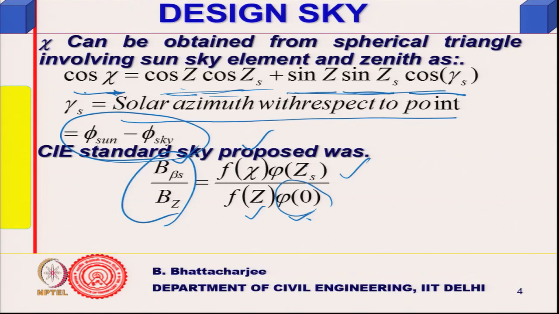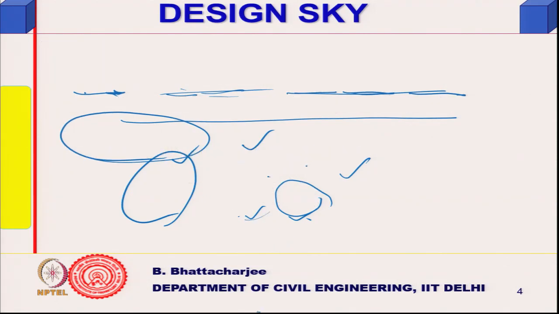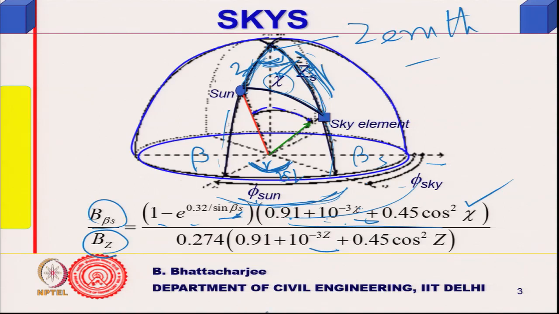So, if you know the phi value at 0, this function value at 0, and phi z is given. Remember this was the form of the curve, I will come back to this. This involved z and a constant, right, z is the zenith angle of the sun, it involved a constant and this function, and this is nothing but cos z s.